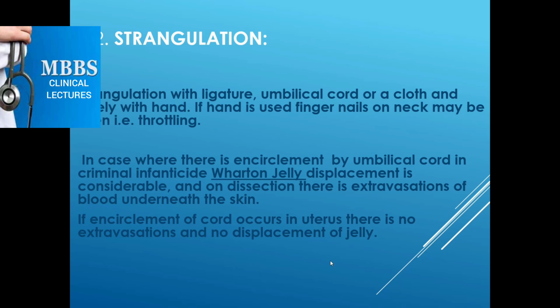This is positive towards the criminal act. And if the encirclement of the cord occurs in the uterus, there is no extravasation of blood under the skin and no displacement of Wharton's jelly of the umbilical cord.